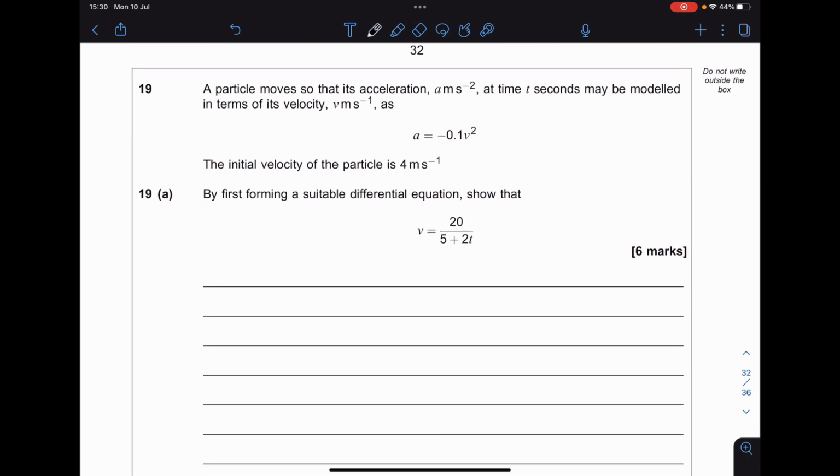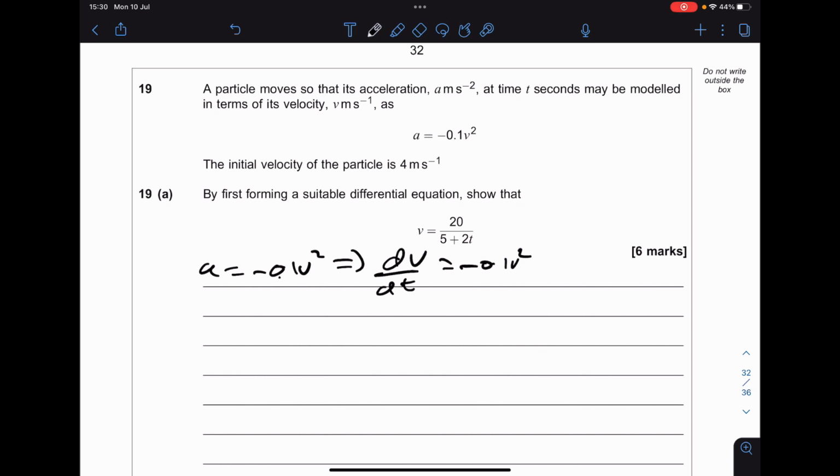Differential equations, nice. We're given the acceleration as minus 0.1 v squared. I'll just write that down for myself. So dv by dt is minus 0.1 v squared, since the acceleration is just the derivative of velocity with respect to time.